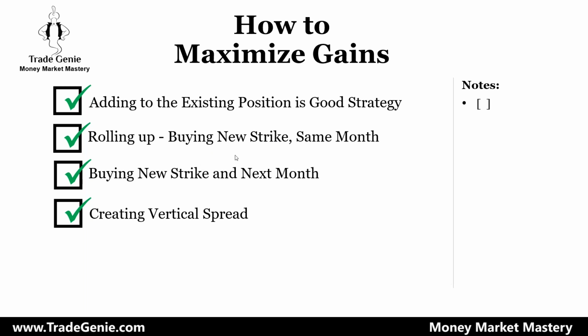If you're holding April calls and your option is way, way deep in the money, the delta is 1, and maybe you say, I need to lock some gains and buy a new strike. You can buy a new strike way higher than what you have, maybe in the same month. Maybe you sell your position and buy way out-of-the-money calls with the profit you got.